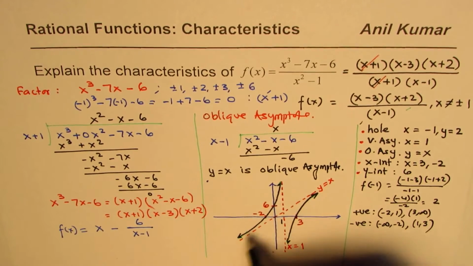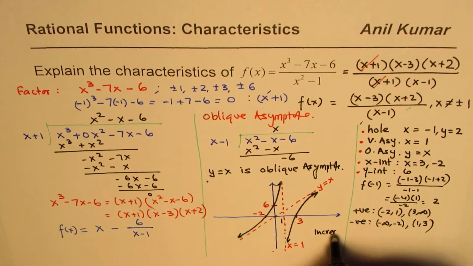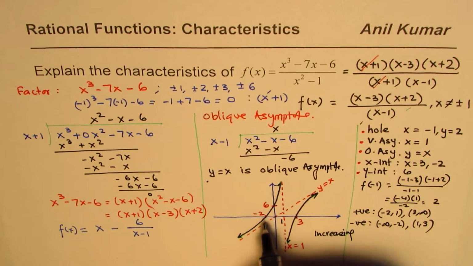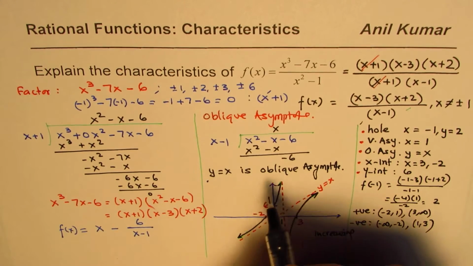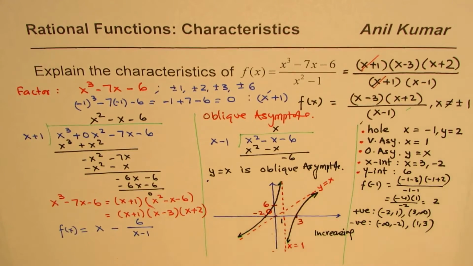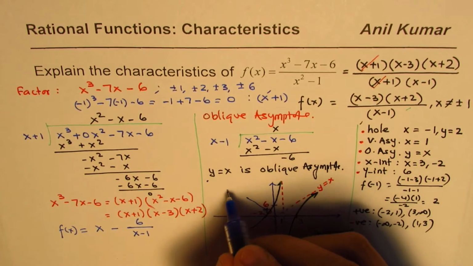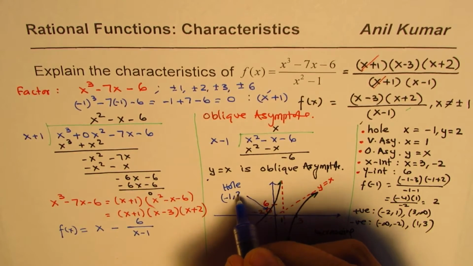Now we can also see increasing and decreasing. It is never decreasing, do you see that? But it is increasing in the interval... Well, we have forgotten about the hole. We had the hole at -1, 2. So -1, 2 will make a hole here. This line should have a hole here. Let me write down here: hole, and the coordinates are -1 and 2.